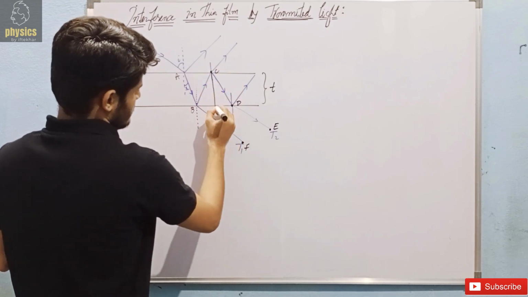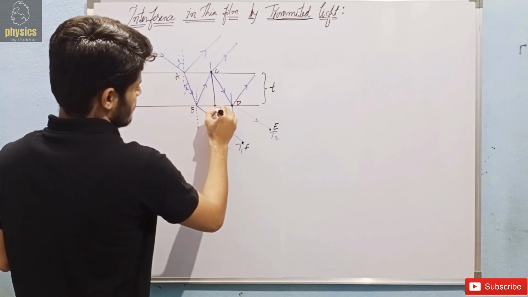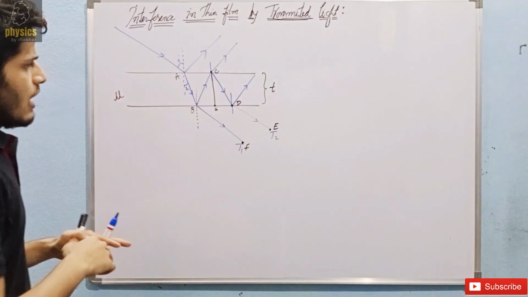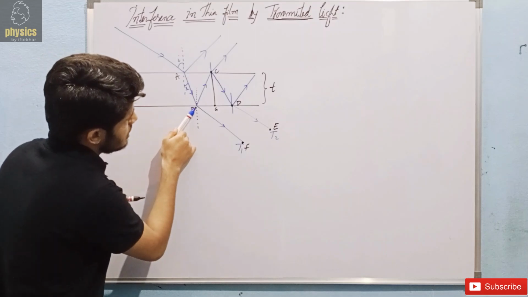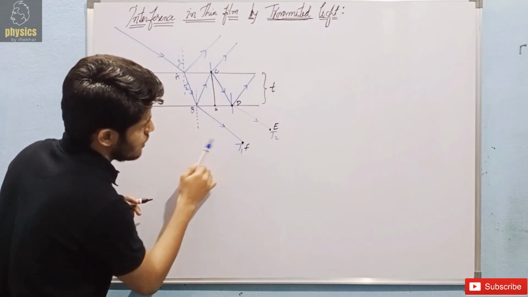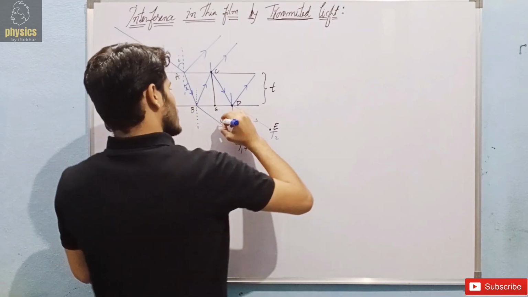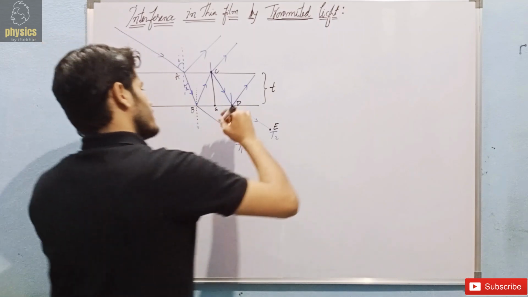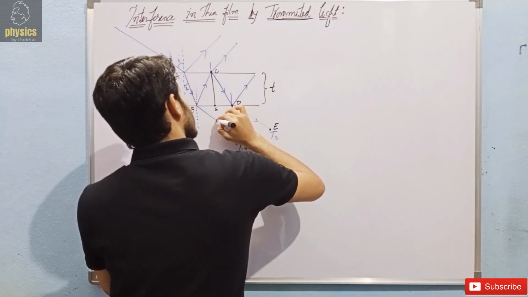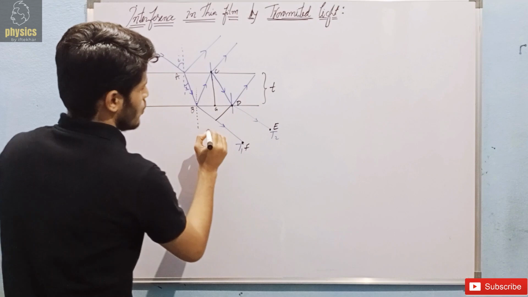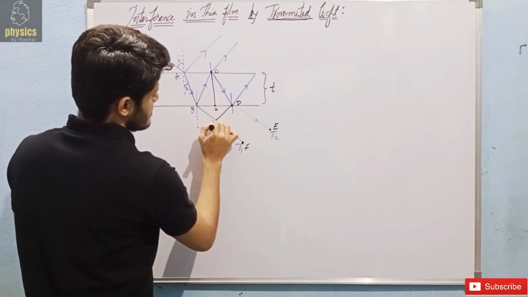I'm elongating this line, and this point I'm calling G. For the transmitted light ray 1, I'm drawing a perpendicular to it, and I'm calling this point H.